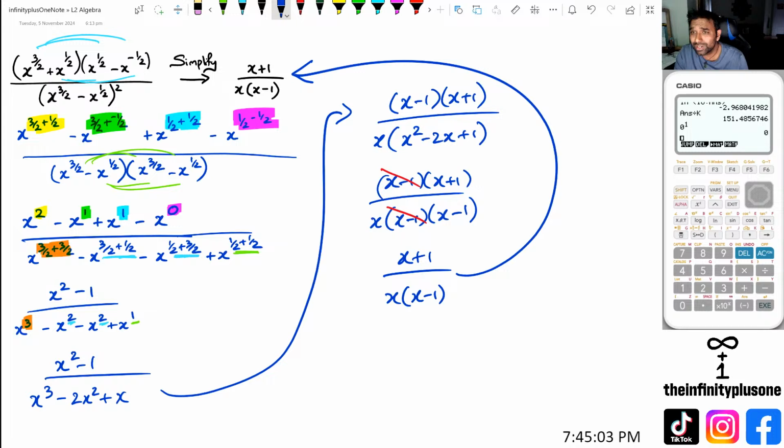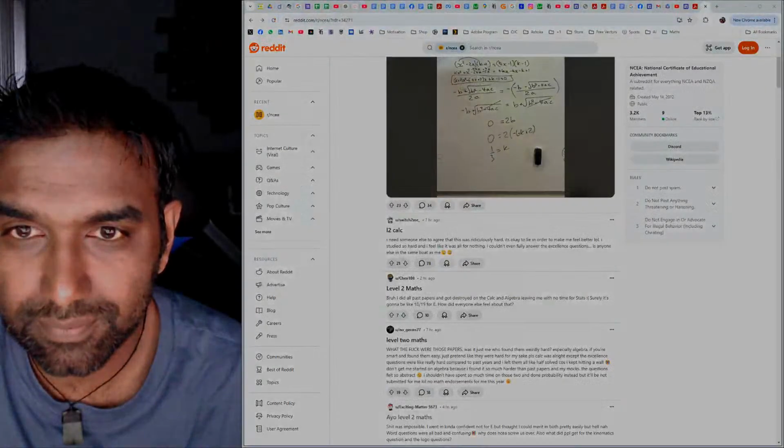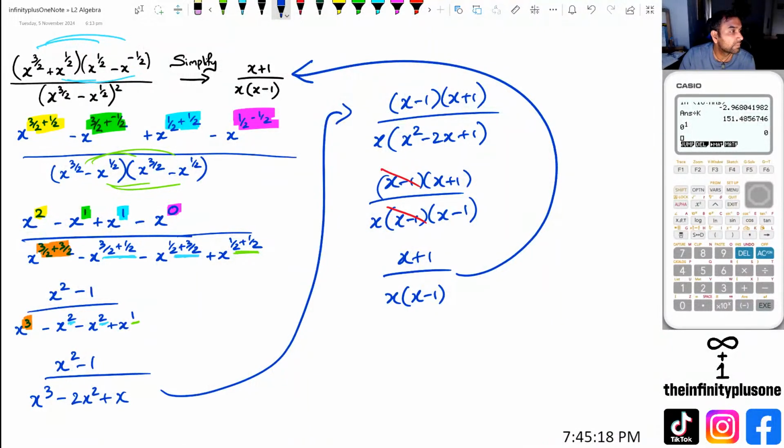Cylinder cup question. I don't know what it looks like, guys. I looked to see whether NZQA has released the questions yet, but I don't think they've released it yet.